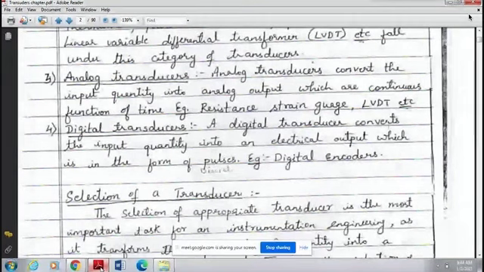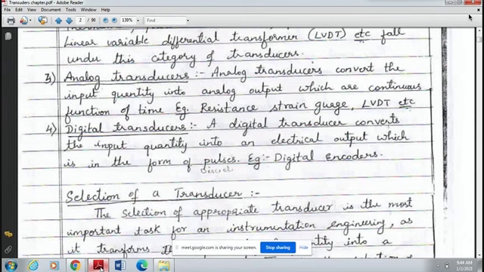Then what else? It should be capable of withstanding the environmental conditions. Stability and reliability, that is, it should have a long life. Depending upon the particular application, we select the principle of operation of the transducer. Similarly, we should know the range of the transducer before selecting, because for a particular application, only a particular range has to be selected.